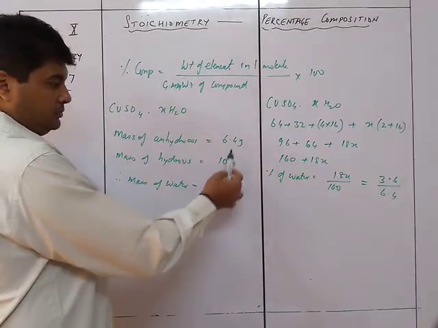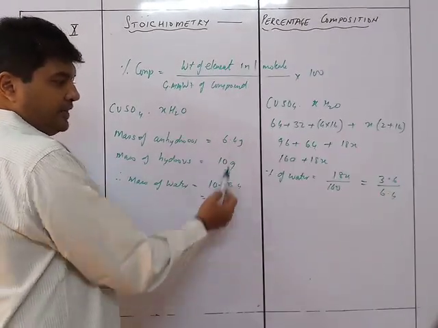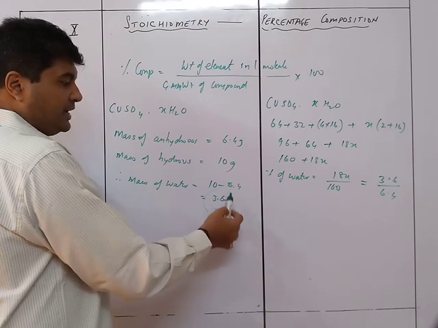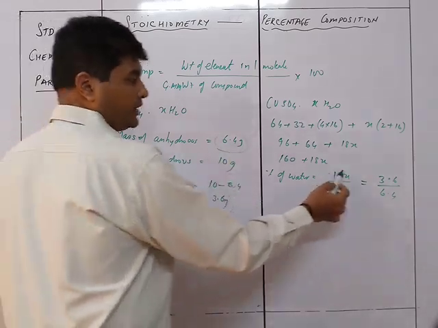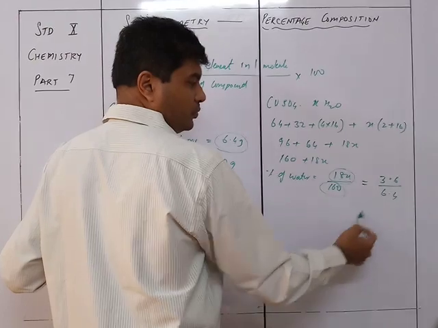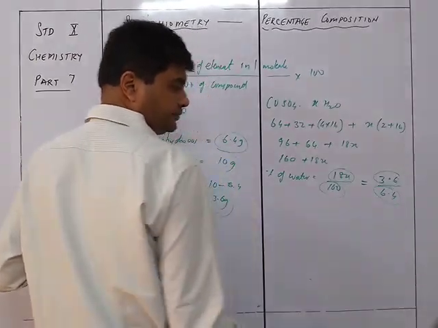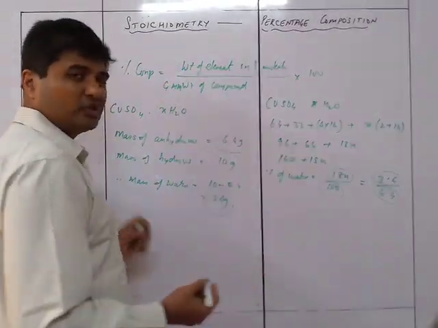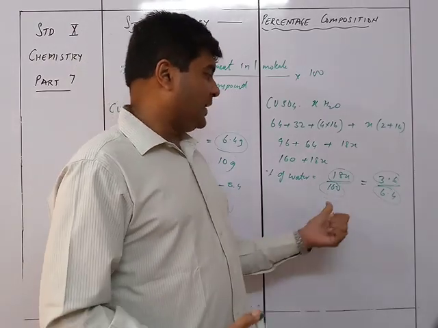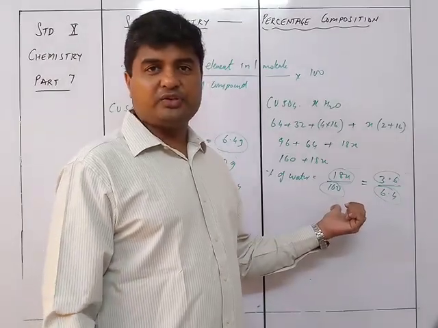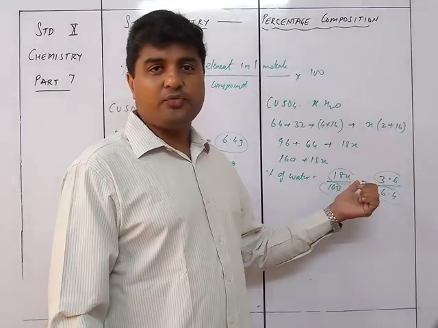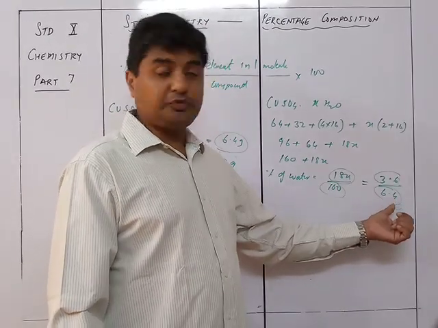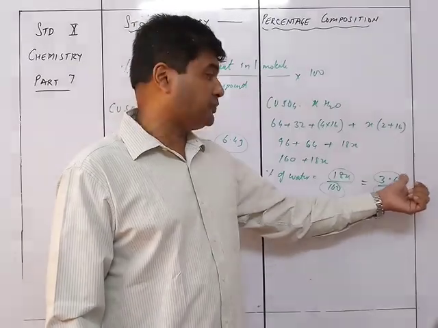Same thing: this much water, this much anhydrous. So comparing it, you can also say that in 160 grams of CuSO4 there is 18x of water, and 6.4 grams of anhydrous gets 3.6.